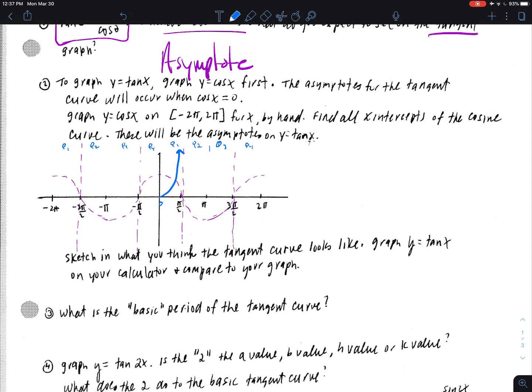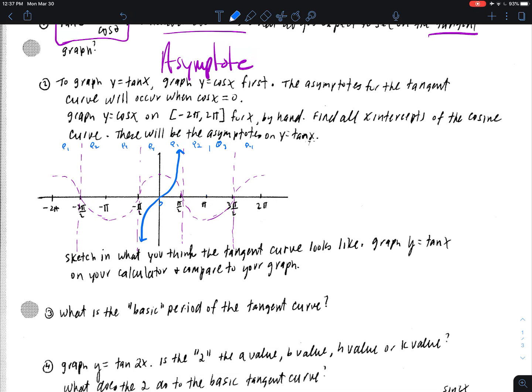Similarly, if you were to rotate into quadrant 4 in the unit circle, you're going to get larger and larger values, negative pi over 3, negative 1, negative root 3 over 3. As you approach the asymptote, it's going larger and larger in the negative direction.